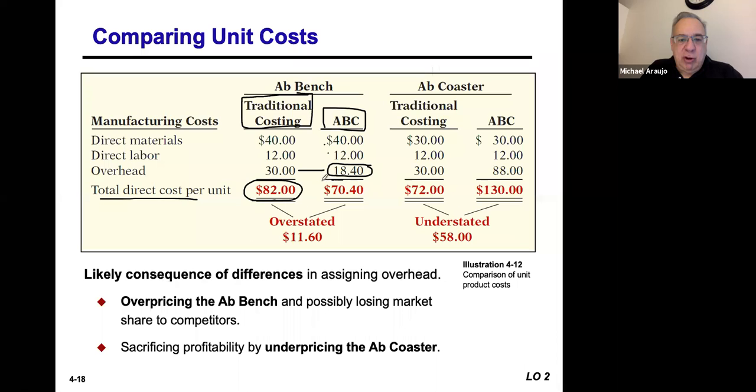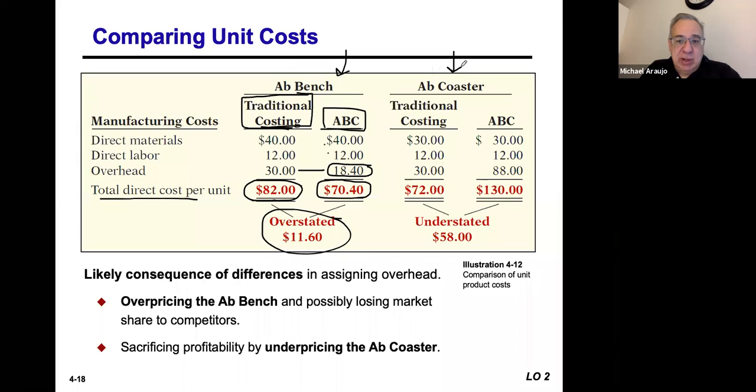The actual cost per unit is much lower than the $82. So if we use traditional costing methods, we would have increased our cost or overstated our costs by $11.60. Using ABC would give us a lower direct cost that's a little bit more accurate based on the activities that are used to create each ab bench.